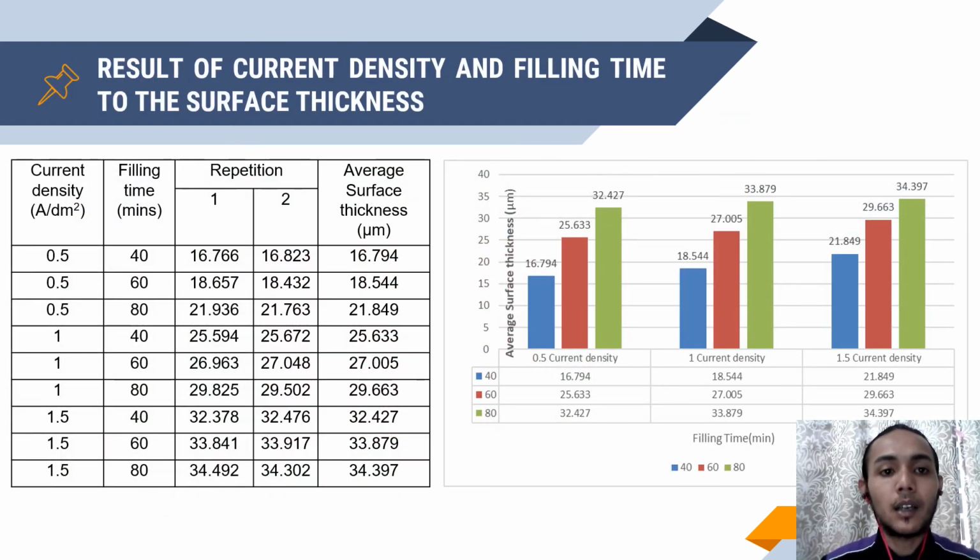This is the result of the current density and filling time on the surface thickness. As you can see here, if the current density and filling time increase, the average surface thickness also increases. So the deposition rate of copper ions filling the via is also higher.